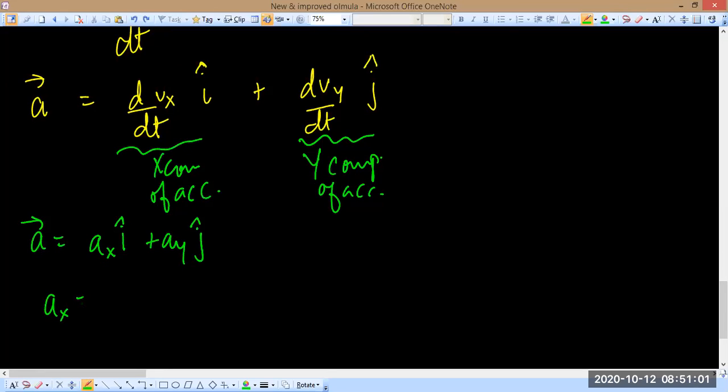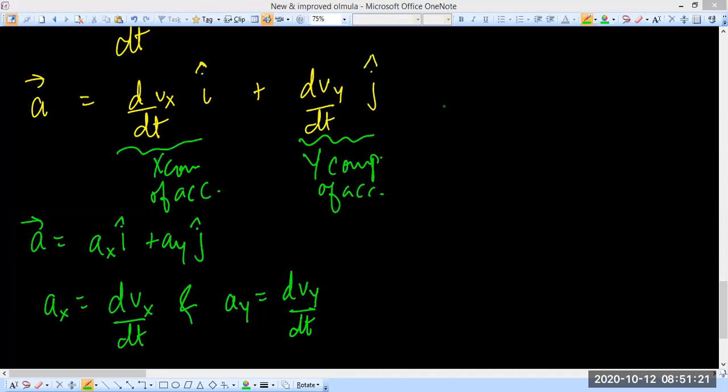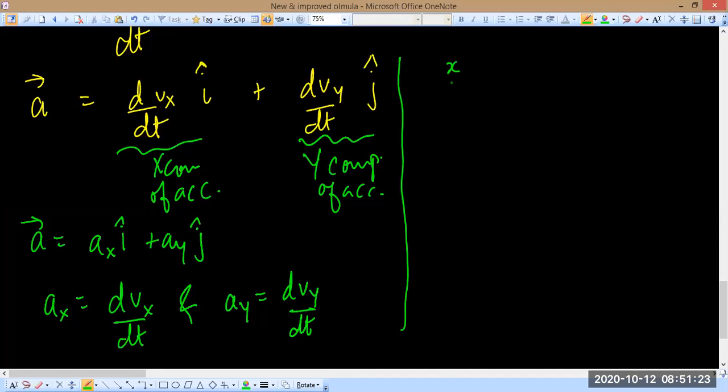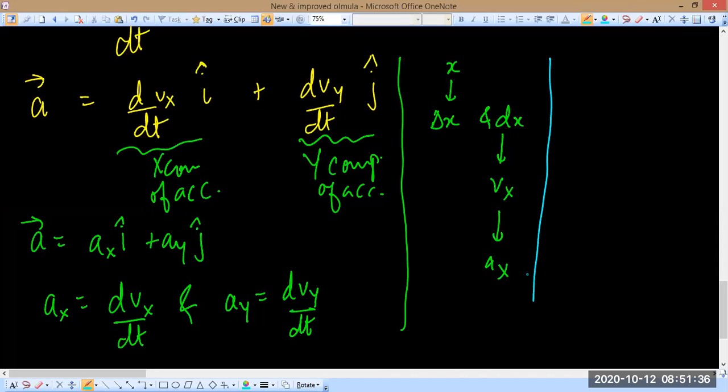So that's why we can write Ax is equal to dvx by dt and ay equal to dvy by dt. I hope you understood this whole chain that I'm writing on the side.